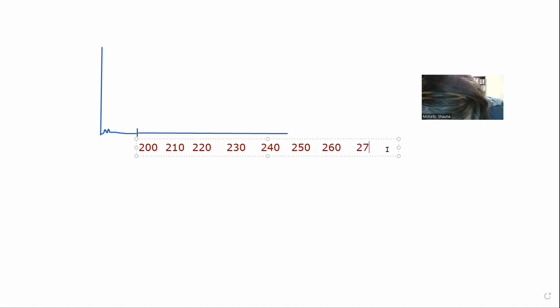Okay, something like that is my grid. That's my hash marks, and they're about evenly spaced. There we go. And I'm just going to plot these points.